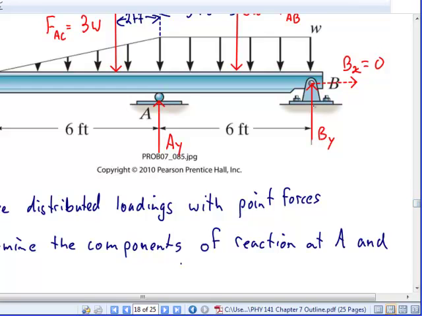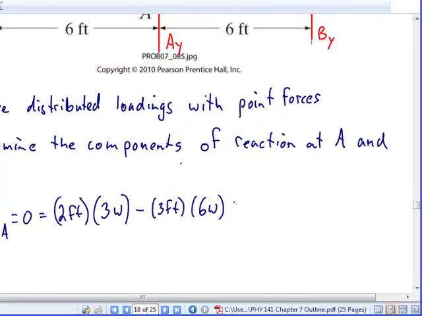And then last we would get to B. And BY is up and 6 feet away. So it'd be a positive moment, so plus 6 feet times BY. All right, so from that you should be able to solve for BY.